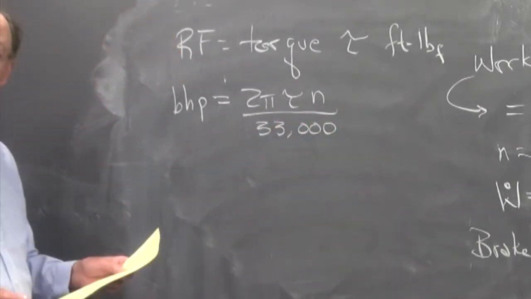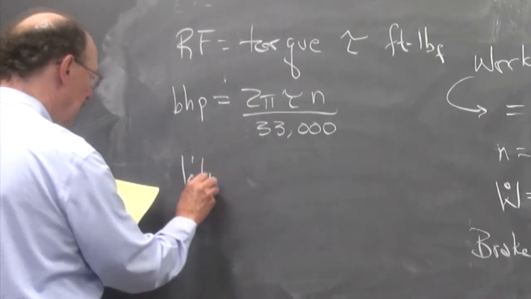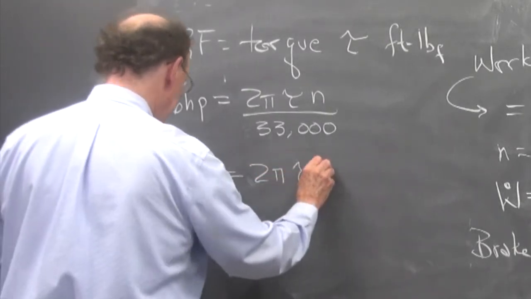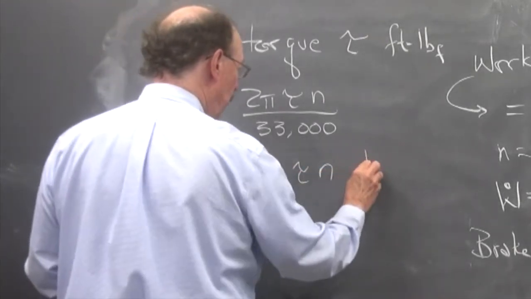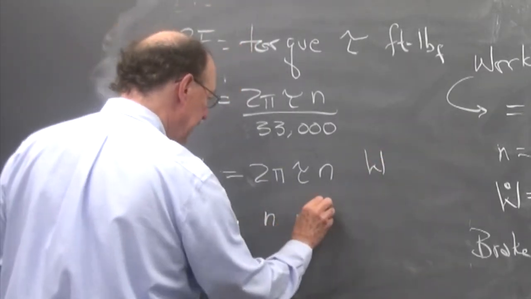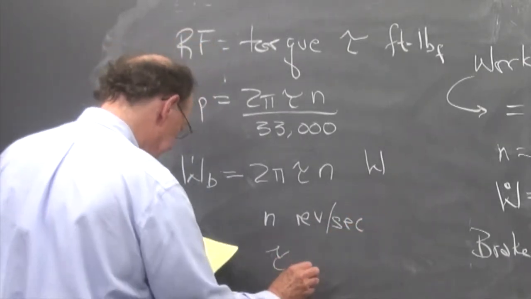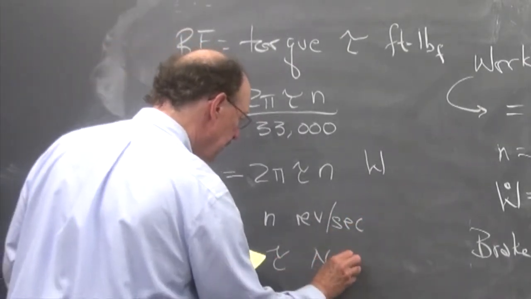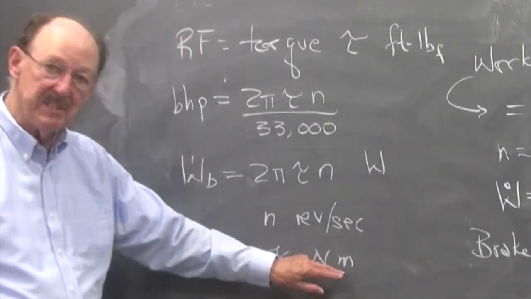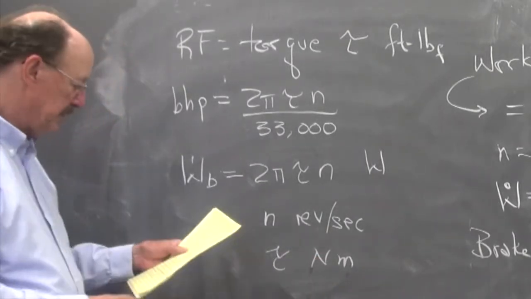And if I want this in watts, W dot B is equal to 2 pi tau n in watts, where n is in revs per second and tau is in Newton meters. So if I measure the torque in Newton meters, this is a force times the distance r, Fr. We end up with the same thing.